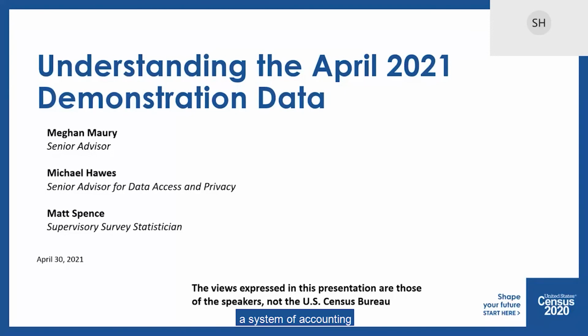Differential privacy is actually a system of accounting that helps us measure the amount of privacy loss associated with a particular disclosure avoidance tool. I know that difference seems a little complicated, so to put it another way, differential privacy helps us assess the risk of disclosure associated with the decennial census data after the top-down algorithm is applied.